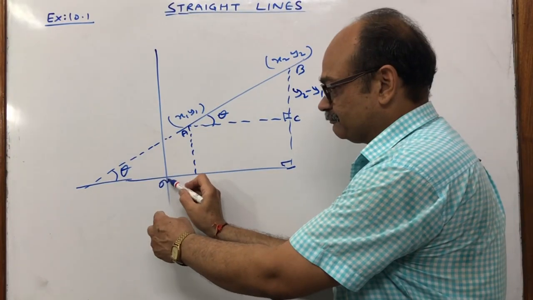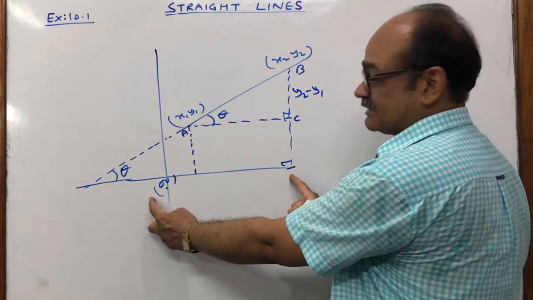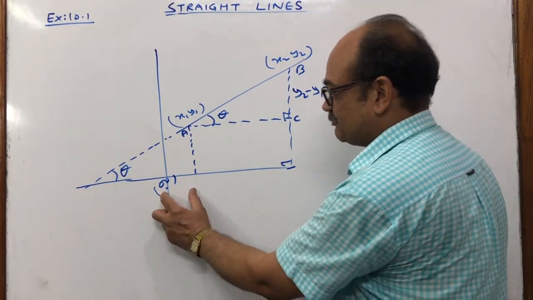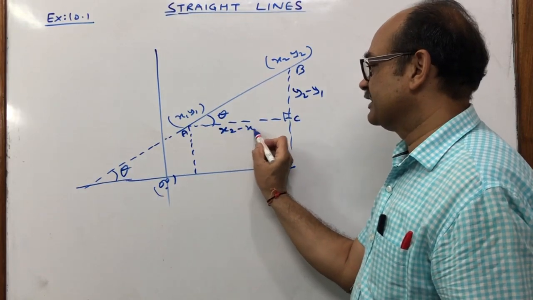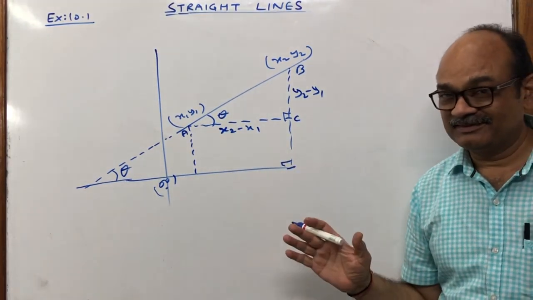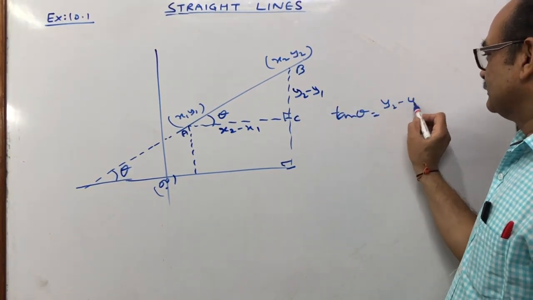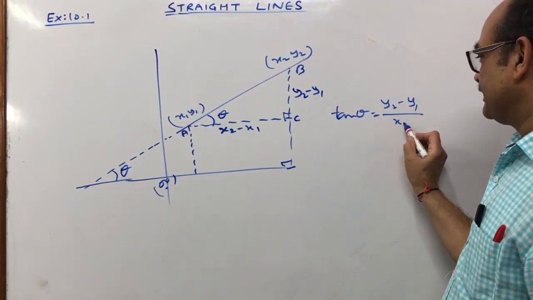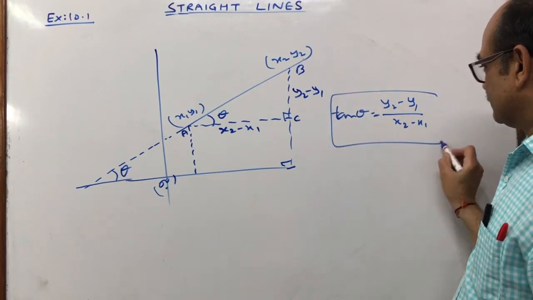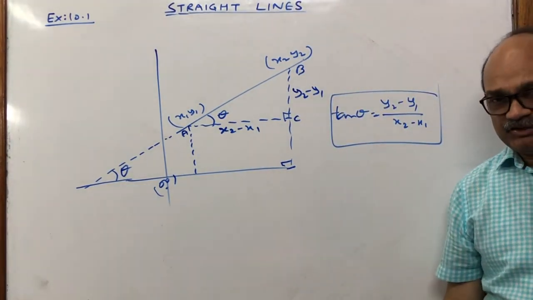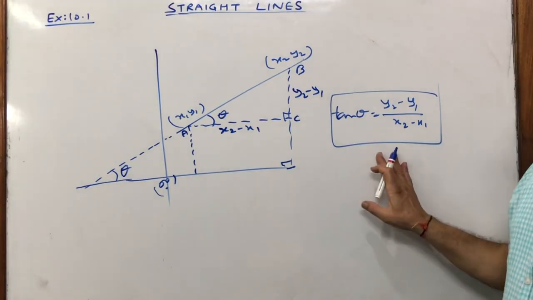From the origin 0 0, this gap is x2 and this gap is x1, so remaining is x2 minus x1. Now very simple. How we calculate tan theta? Perpendicular divided by base. The most important formula, whenever 2 points are given, the slope of the line is this much.